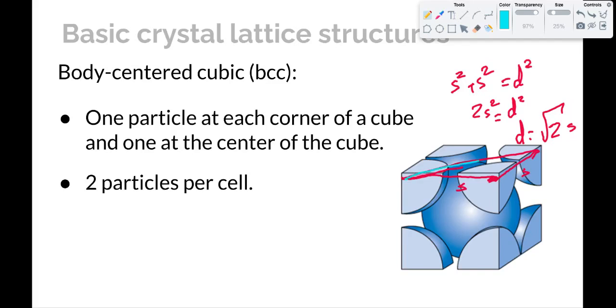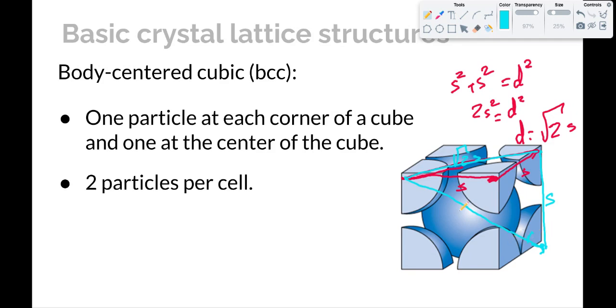Now let's take that top diagonal, which has a value of square root 2 times the side length, and use that as one leg of a right triangle. The other leg, let's have that be s, which is the edge length. Now let's think about the diagonal that cuts right through the middle from this back right edge up to the top left corner. It's going through one radius here.